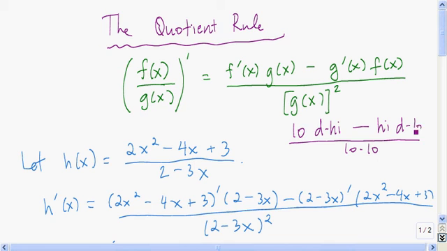Okay, so low, D, high. What that means, low refers to the denominator, high refers to the numerator.